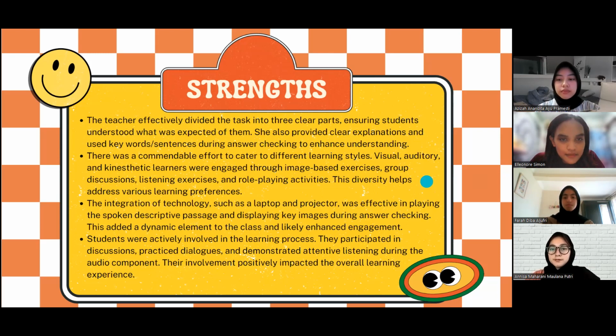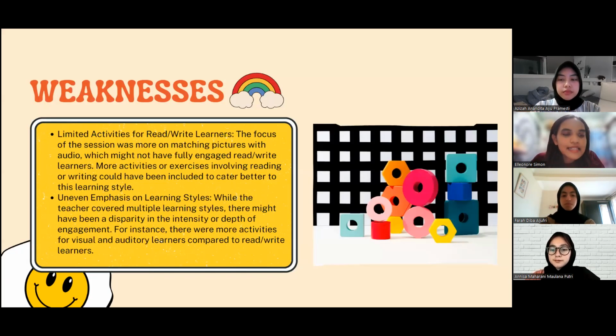the weaknesses. Okay, the weaknesses here, the first one, limited activities for the read or write learners. So the focus of the session was more on matching pictures with audio, which might not have fully engaged the learners that have a read or write learning style.